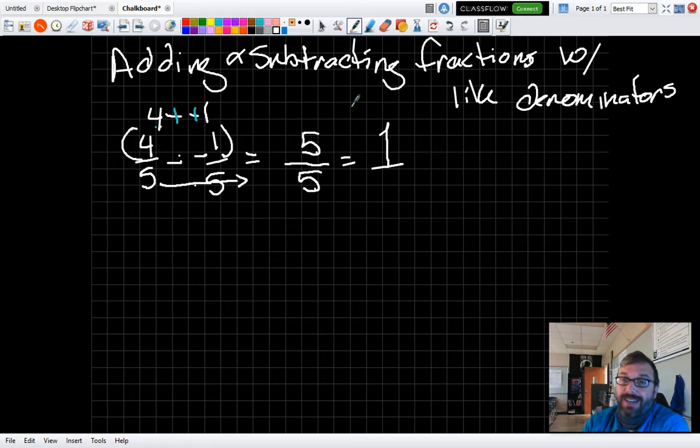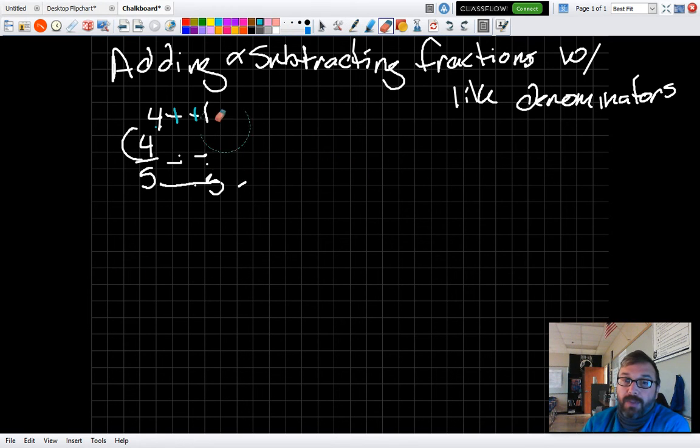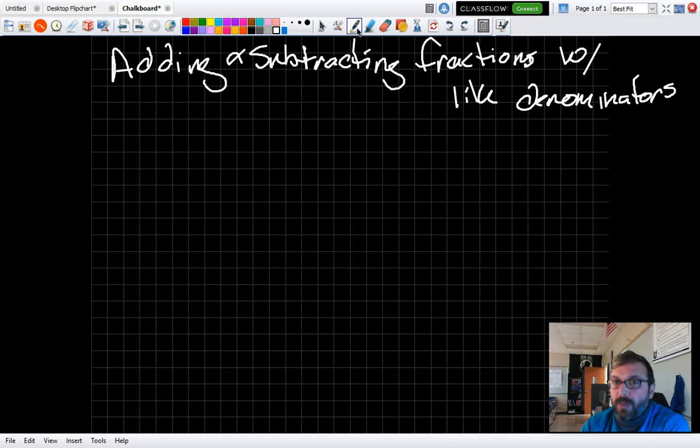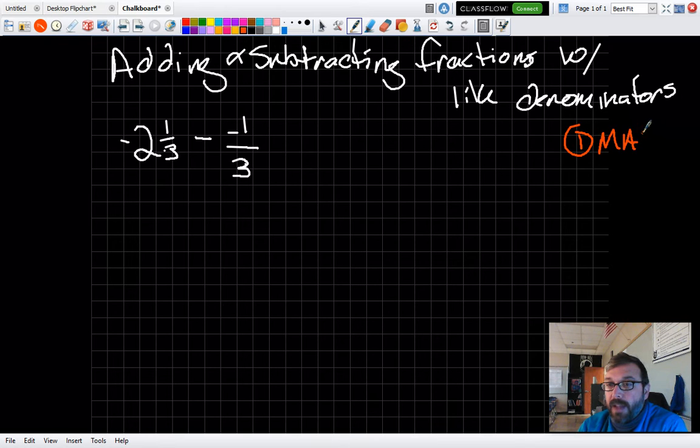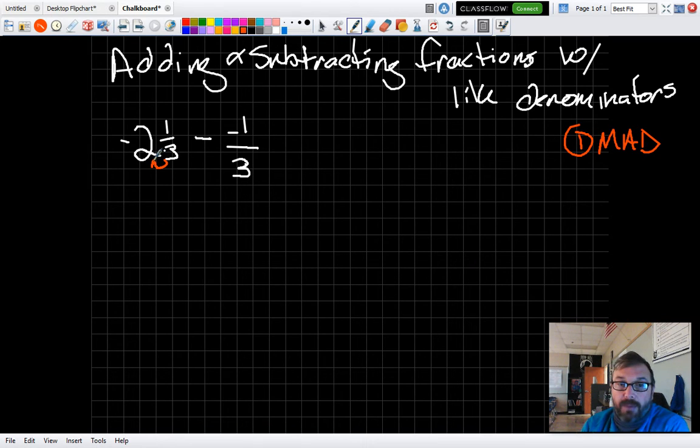Let's try another example. This example is a little bit more difficult, because we have to take more than one step. It is negative 2 1/3 minus a negative 1/3. Now we have the same denominators, but first I have to get rid of this negative 2. So the first thing I'm going to do is get mad, which helps me get rid of this improper fraction.